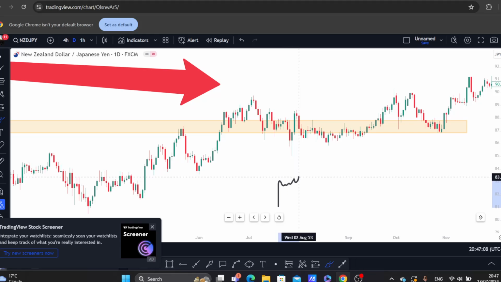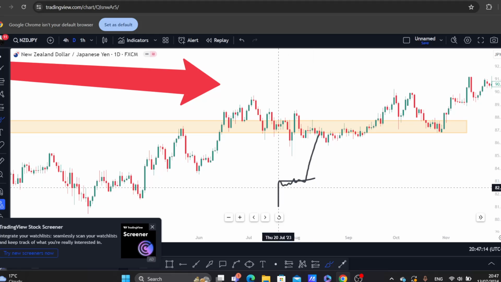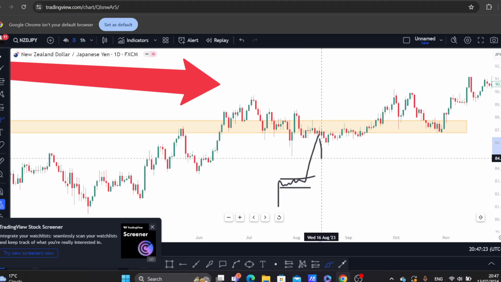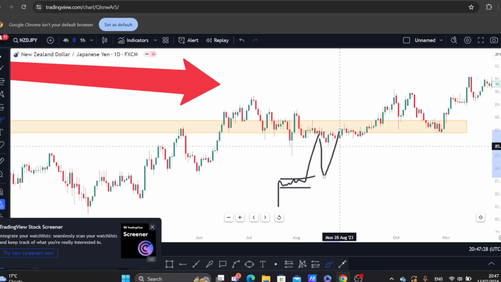So we have a base, we have a pause, and then we have another push up. So this is our demand zone. Sorry, my drawing is so bad. So we say that when the price comes back to that zone, we look to go long. So that's the first type of demand zone.